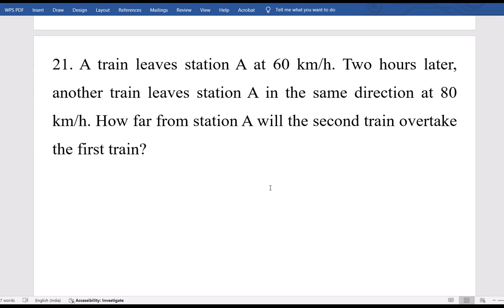They can ask you after how much time they meet, but instead they've asked about what distance from station A will this second train overtake the first train?